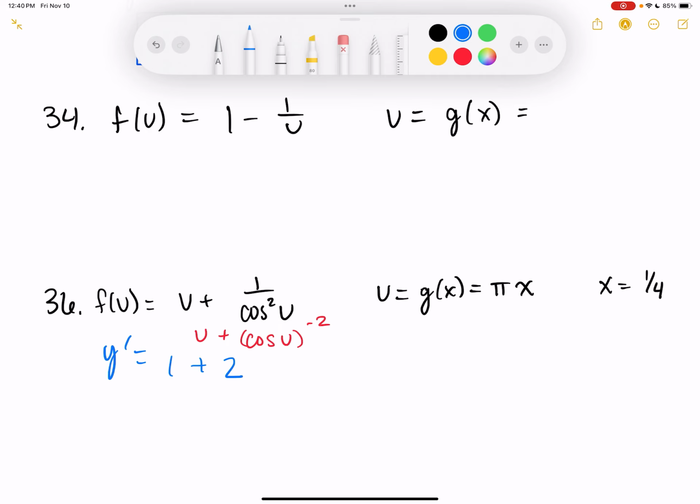Then 2 sine of u to the negative 3. And what would u prime be? Pi. So then I'm just going to go ahead and multiply by the pi down here.